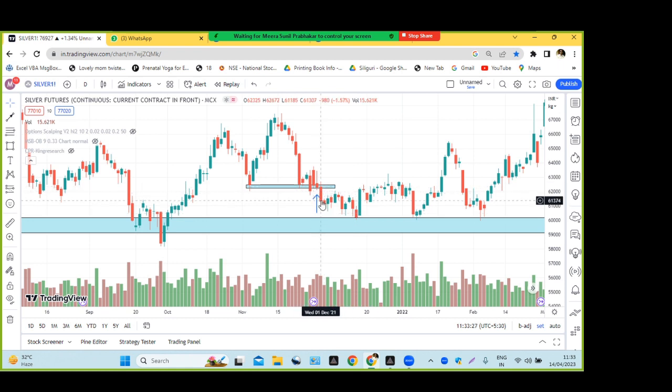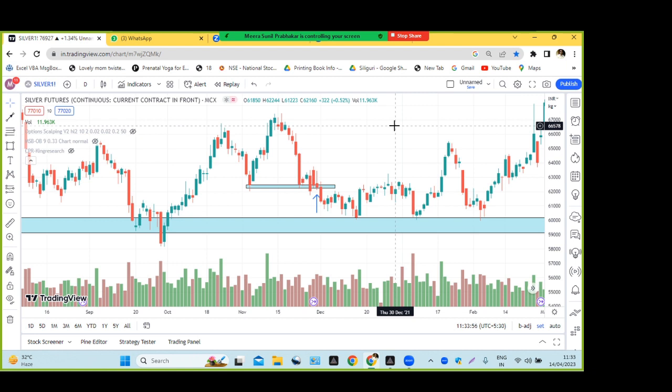Although we should not trade this one also, because the trend has already given a good rally, so the strength of going down will not be that much. So always try to find the big, good trades, which have a good scope of rally.